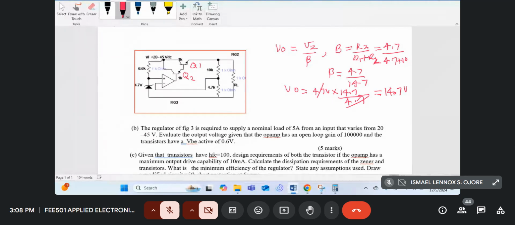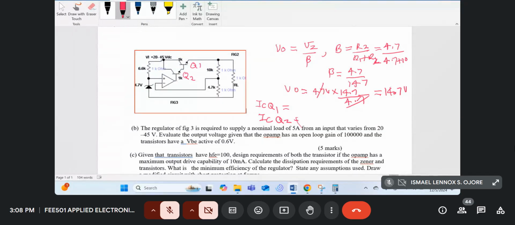So we go to design for the power dissipation of Q1. So let's find out the collector currents of Q1 and Q2. So IC Q1 will be equal to what? And IC Q2, the collector current of Q2.